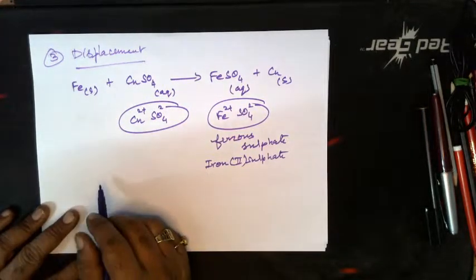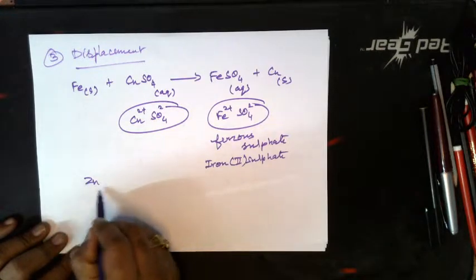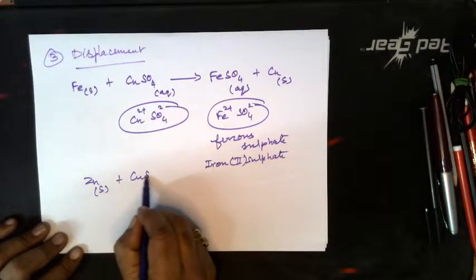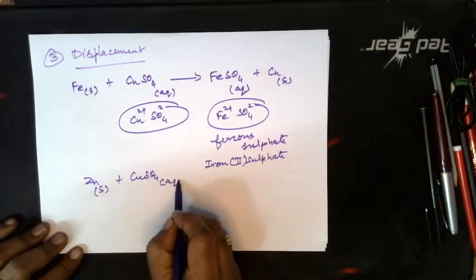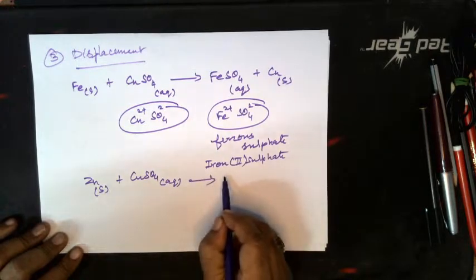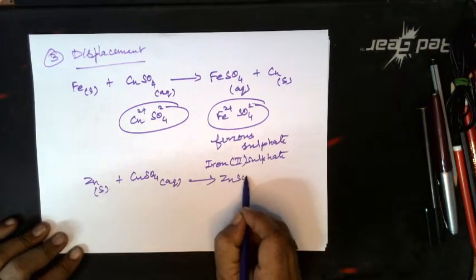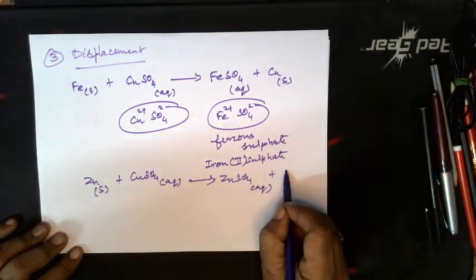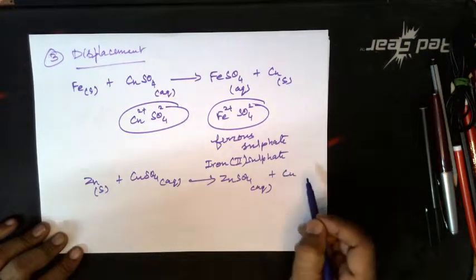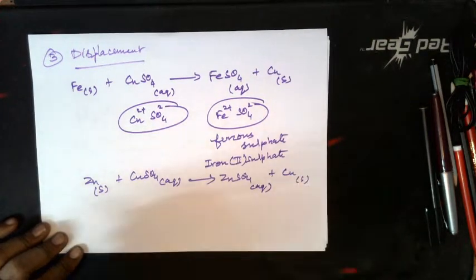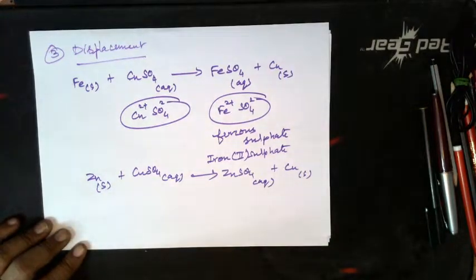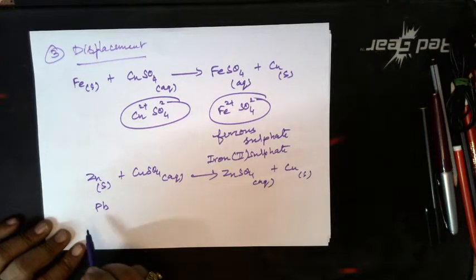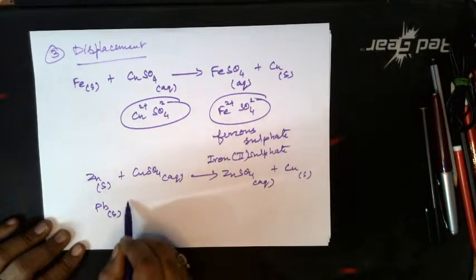Similarly, we can have zinc. This is in the solid form. That reacts with the copper sulfate in the aqueous form to give, can you guess? ZnSO4, that's all. Okay, zinc plus what is removed here? Once again, copper as solid. This is also what? Displacement reaction. And what is this? Lead plus.